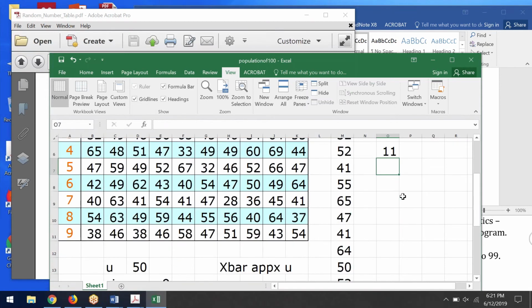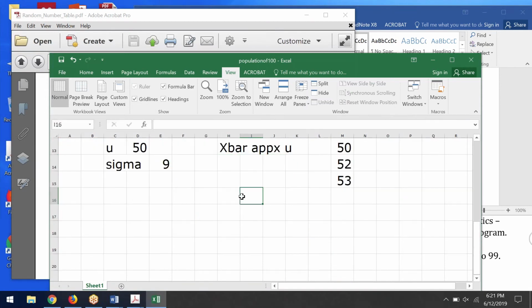It also approximates the standard deviation for the population. So the standard deviation, I'll call it SD, approximates sigma for any one sample.